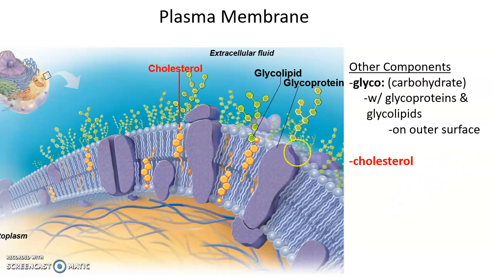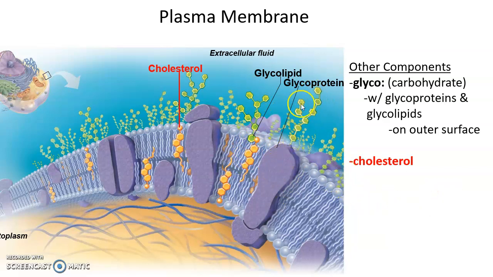We also have some glyco compounds. Glyco means carbohydrates. So we have some glycolipids. These are fatty acid chains attached to carbohydrates. So a glycolipid, the lipids attached to carbohydrates. We also have glycoproteins.